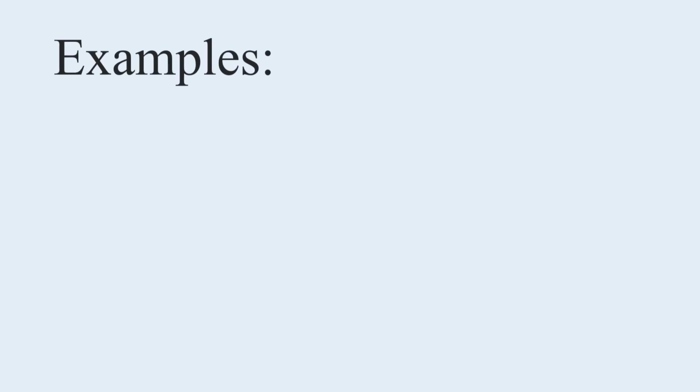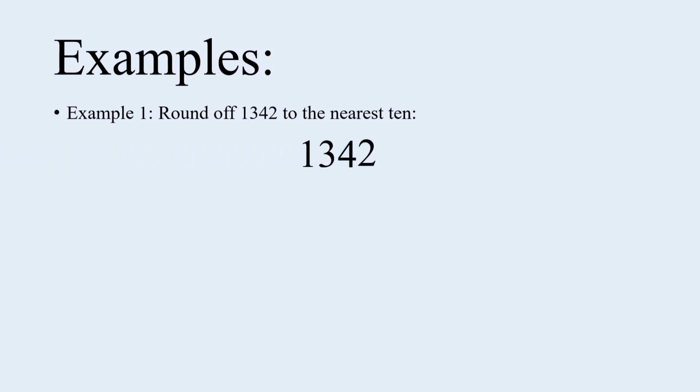Now let's go through some examples of rounding off numbers. The first example is, what if we wanted to round off 1,342 to the nearest 10? To round off this number, first let's really look at this number carefully.